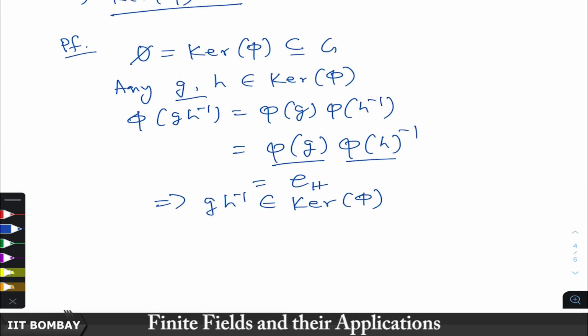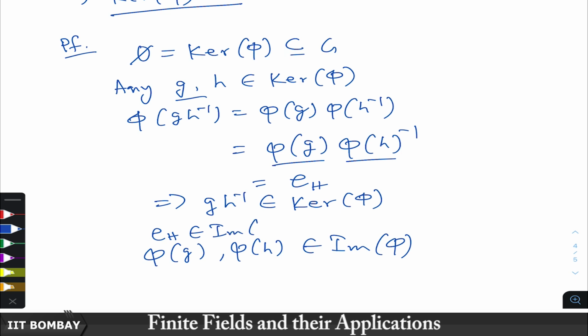Now, one can also show that this image is a subgroup. So, you take any two elements in the image, which are of the form phi(g) and phi(h). First of all, the image is non-empty because e_H belongs to the image.